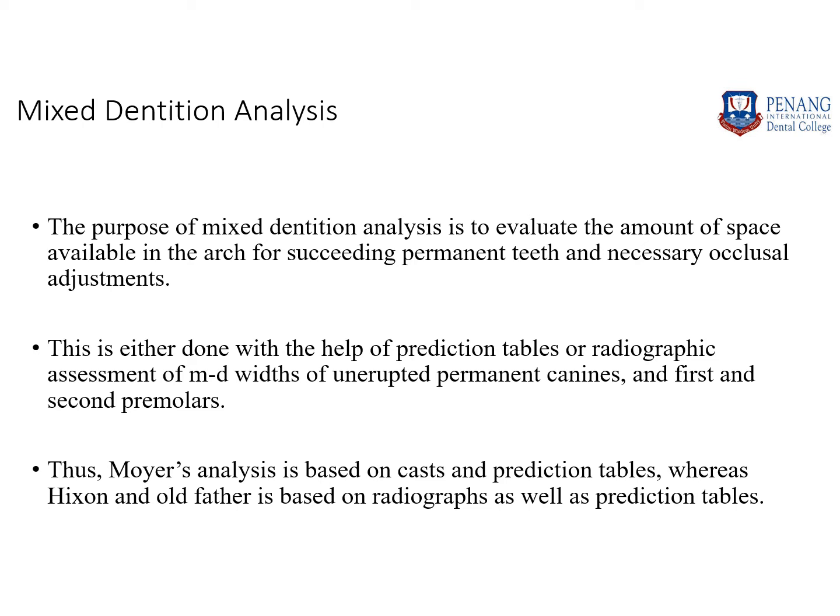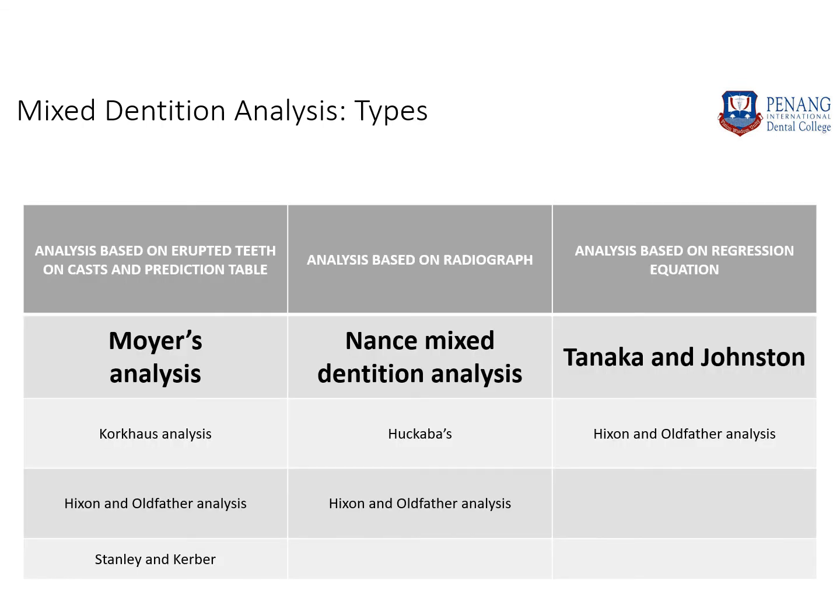So we shall go into the details in the next few slides. So here is a brief mention of which are all the different analyses you would be performing under mixed dentition analysis. Basically, Moyer's analysis, Korkhaus, Hickson and Oldfather, Stanley and Kerber, that is based on the prediction table.